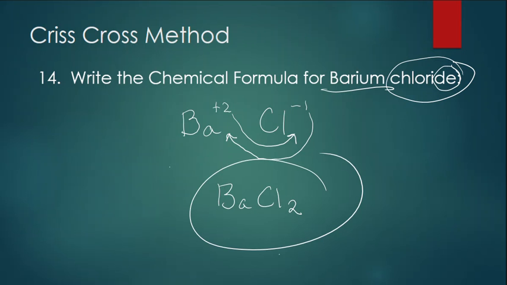Now, sometimes when people crisscross, they bring the positives and negatives. Do you have any positives and negatives? No, all you're doing is using this number. The reason why the positives and negatives are there is so that you arrange it in the correct order. It always has to be positive first, negative second.